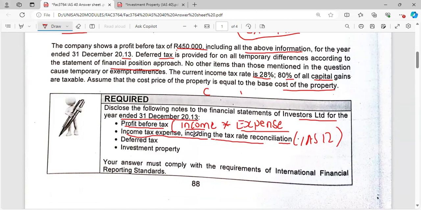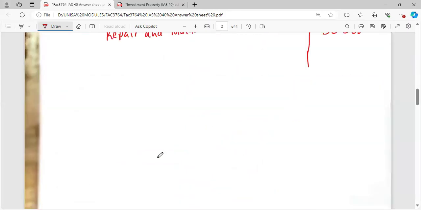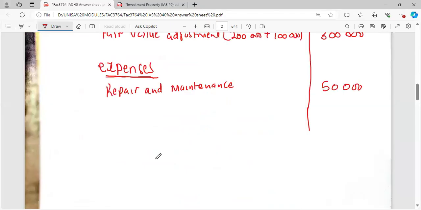For the income tax expense, we have to include the tax rate reconciliation. I think you guys have forgotten about IAS 12 now, about the tax rate reconciliation, the income tax expense. What are we going to have on the income tax expense? What information? Because that's one thing that is very important in the exam.